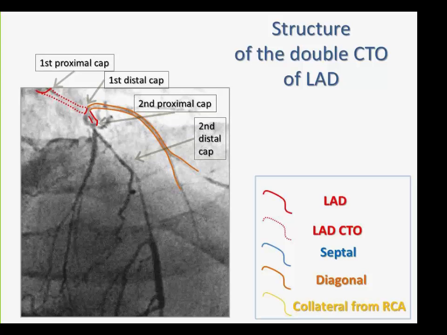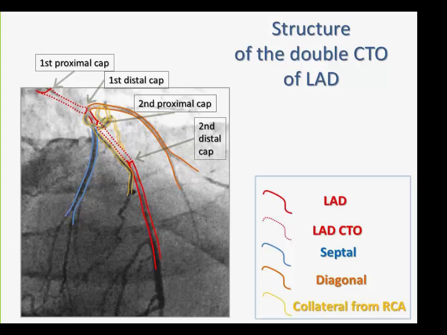One of them is the big diagonal branch at the distal cap. In yellow are the tortuous collaterals coming from the right to this small island. And there is also a big septal branch. After this small island, there is a second occlusion, and then the runoff of the distal LAD. So it was quite a complex situation.